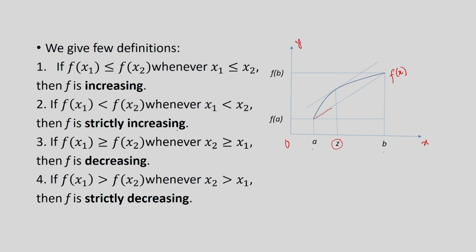And if this holds in a strict sense, that f(x1) is strictly less than f(x2) whenever x1 is strictly less than x2, then f is a strictly increasing function. Similarly, if f(x1) is greater than or equal to f(x2) whenever x2 is greater than or equal to x1, then f is a decreasing function. If f(x1) is strictly greater than f(x2) whenever x2 is greater than x1, then f is a strictly decreasing function.